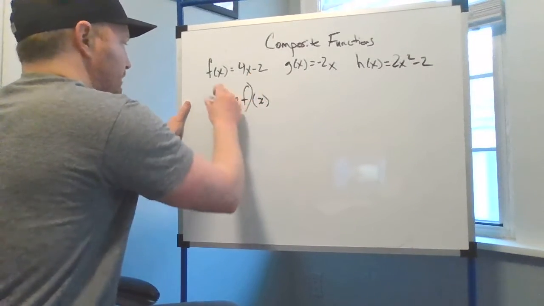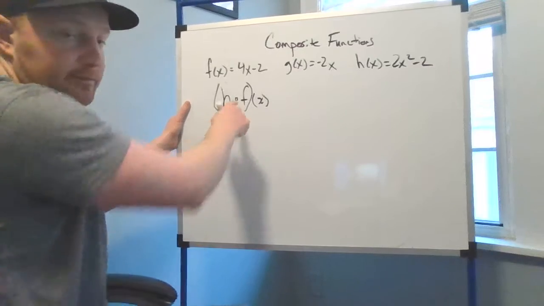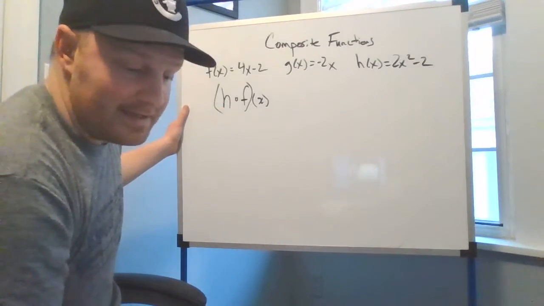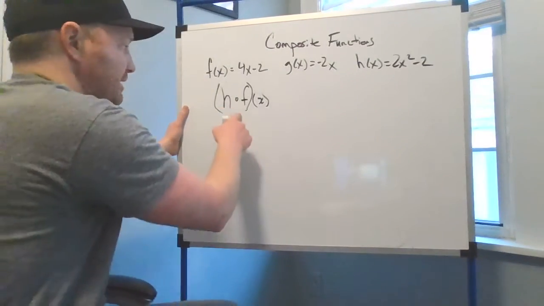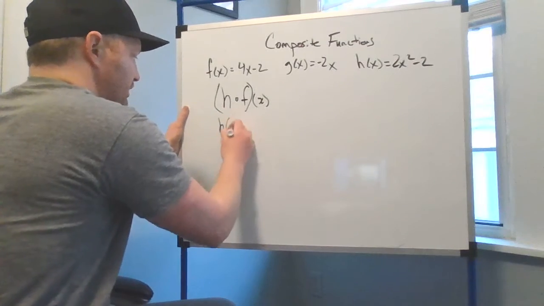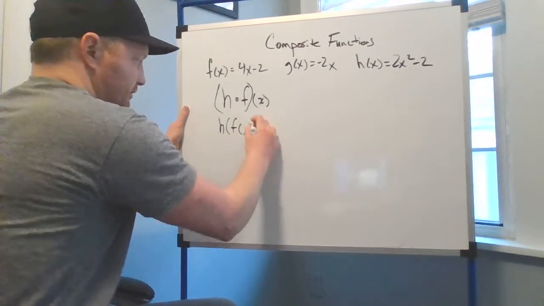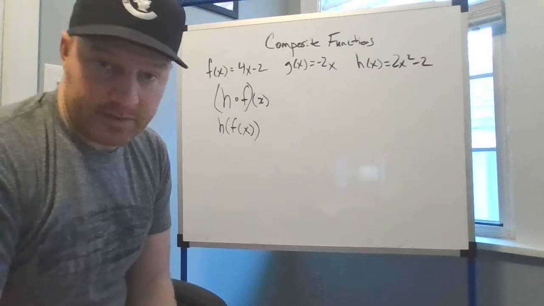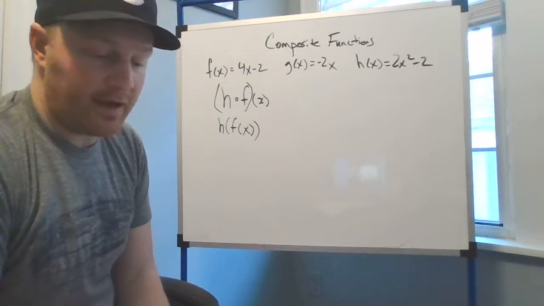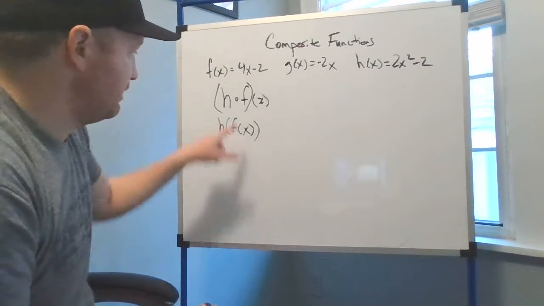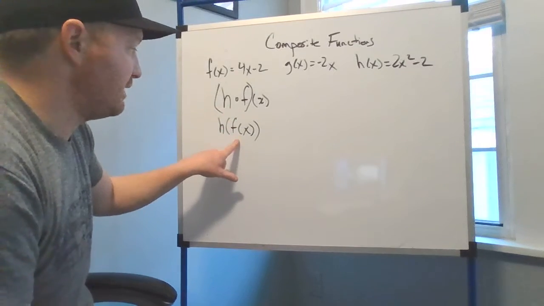Okay? This little dot right there, that open circle, means literally the exact same thing as h of f of x. There's no difference right now for what we're doing. So I want you to not be alarmed when you see this format, okay? Because it means the exact same thing as this format.